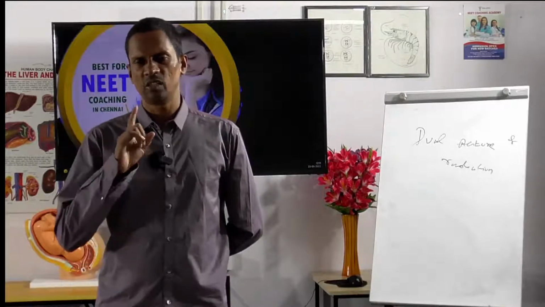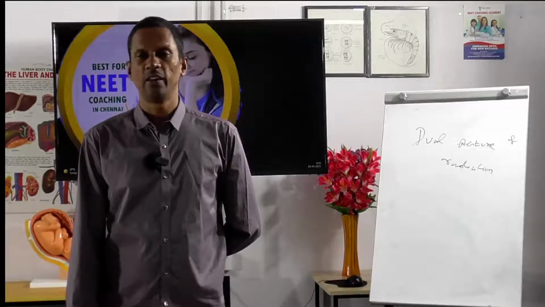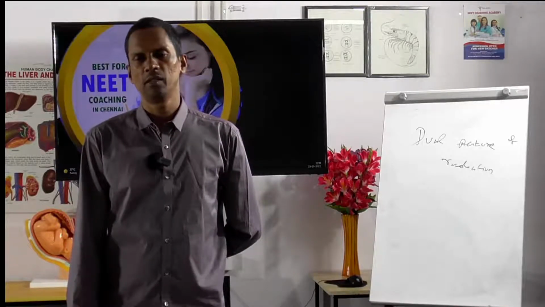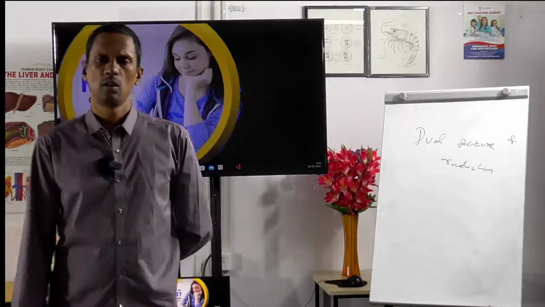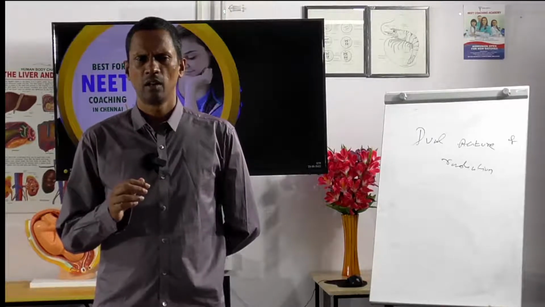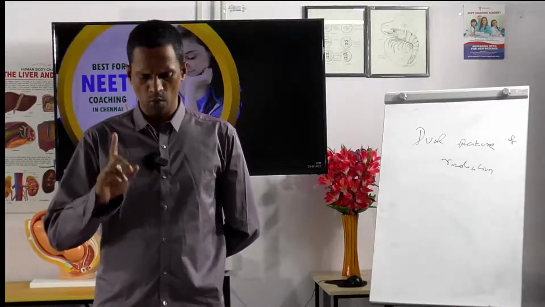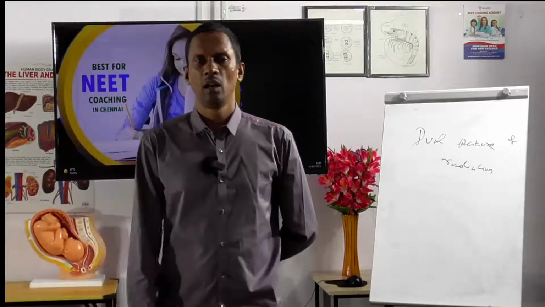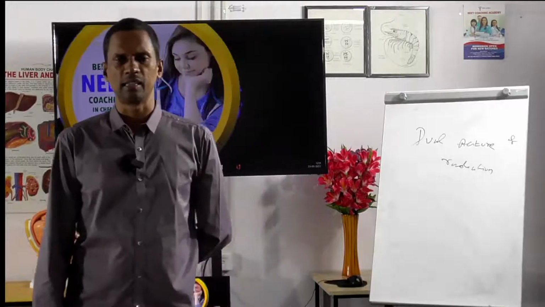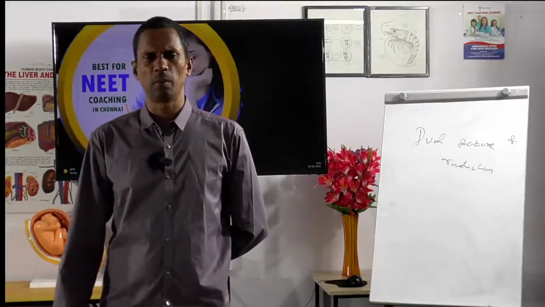If V is 1, what is the lambda value? 1.22. If V is 4, root of 4 is 2. So 1.22 divided by 2 is 0.61 something, around 0.61.